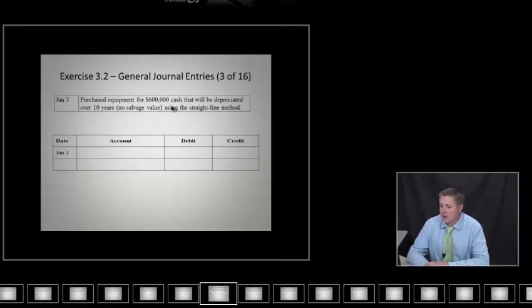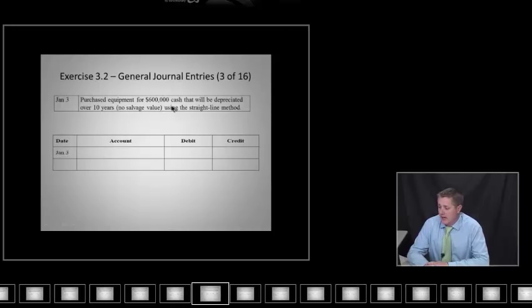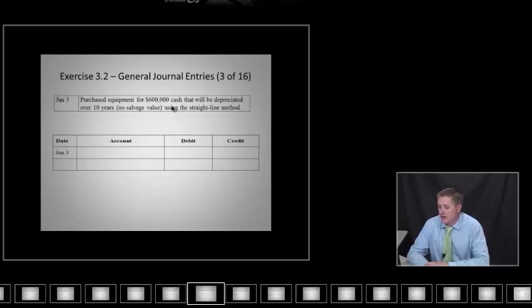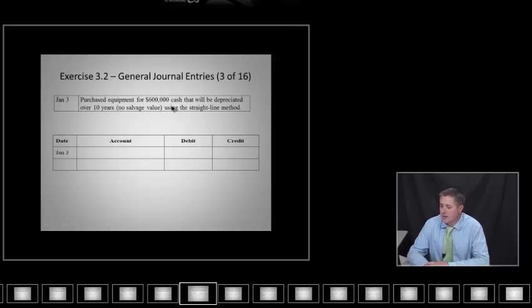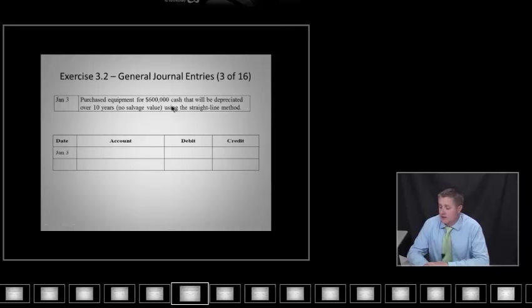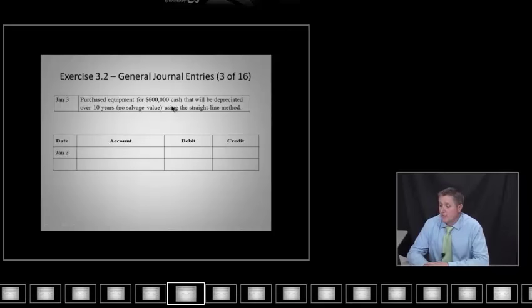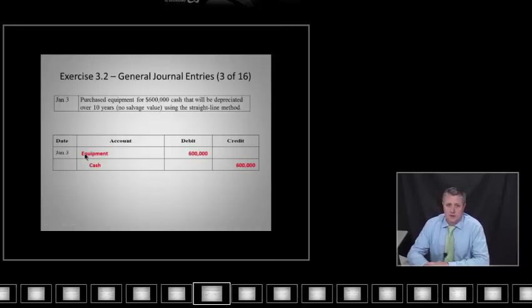On January 3rd, we purchased equipment for $600,000 cash that will be depreciated over 10 years with no salvage value, using the straight line method. This is very similar to the previous transaction, only instead of debiting building, we debit equipment for $600,000 and credit cash for $600,000.